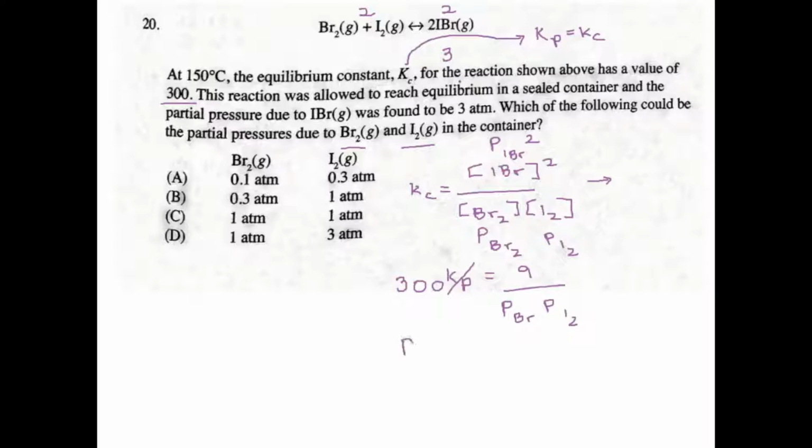So what I can do is I can simplify the math of that and say the partial pressure of these 2 multiplied by each other has to equal 9 over 300, which simplified would give me 3 over 100. Which is the same thing as saying 0.03. So your task is to take all of these values and figure out which one would give you 0.03. And the answer to that is that A would.